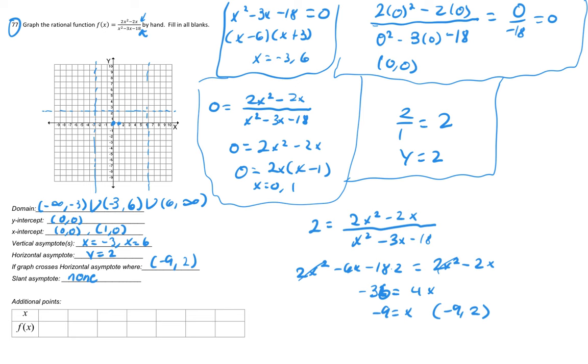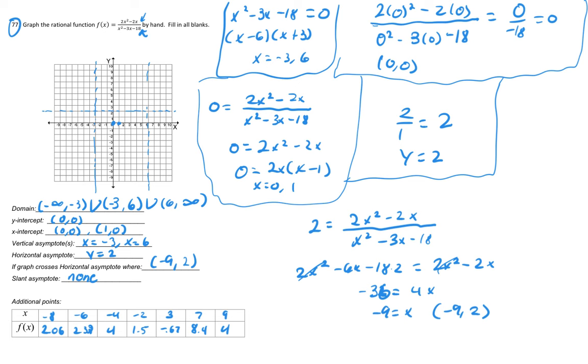So we can pick a few points, and there's been some that have been calculated off camera here, but I'll write them down here. Okay, then we can plot some of these points here.